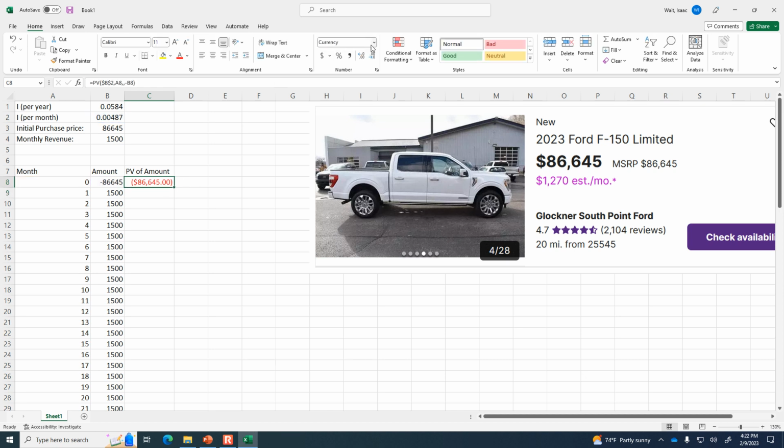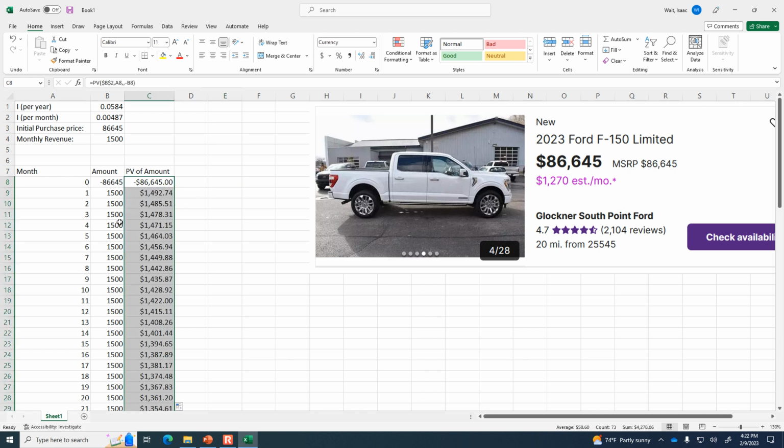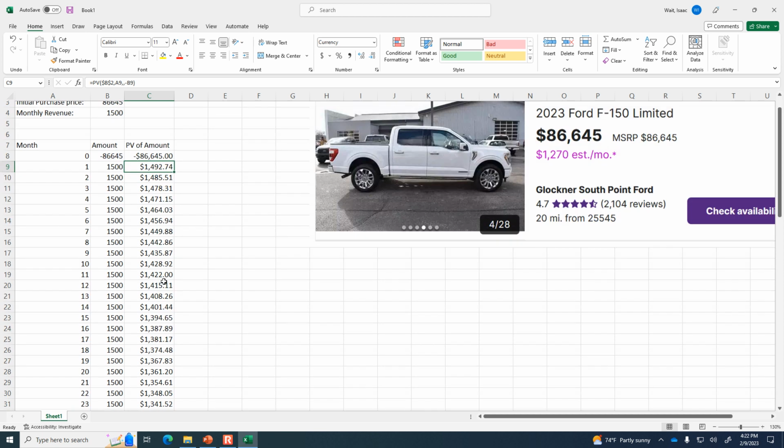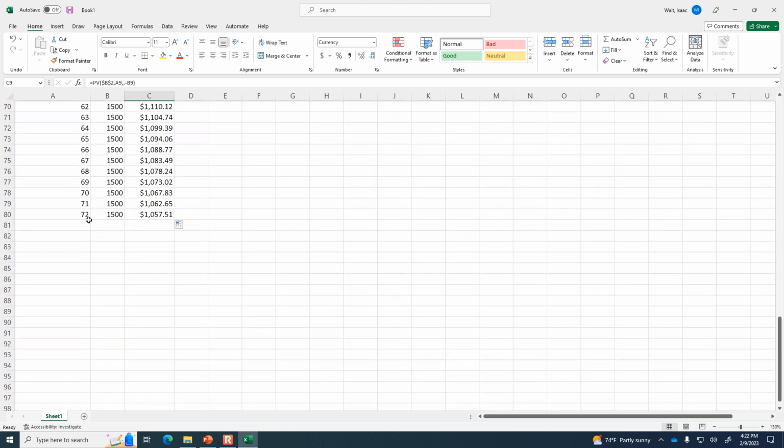It's not changing anything about the initial purchase price, but all of the other revenues are being discounted to the present. So it's doing what we'd expect. For example, $1,500 one month later is worth almost $1,500, but by the end of the 72 months, that $1,500 we're making has less present value, and so we're taking into account the time value of money.